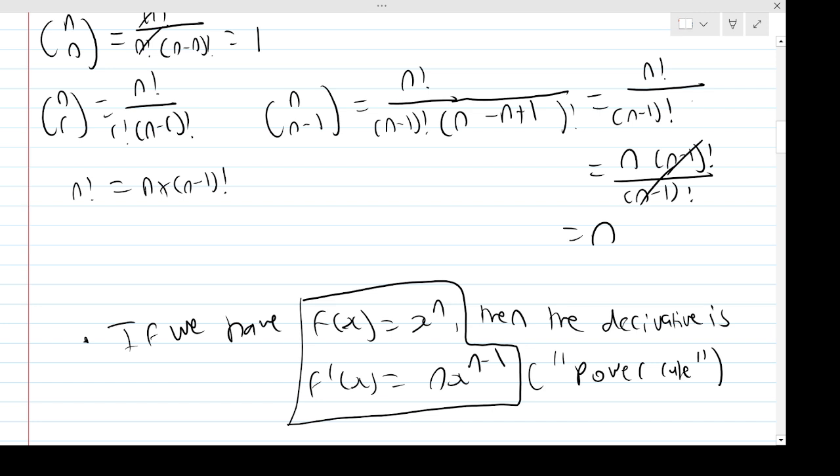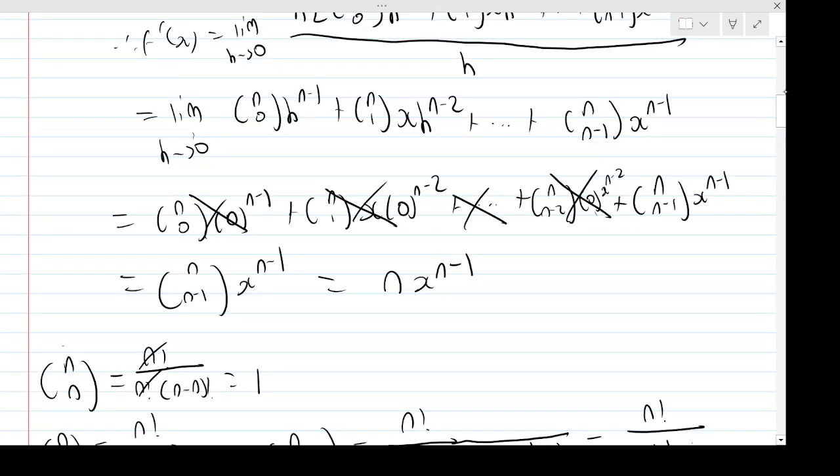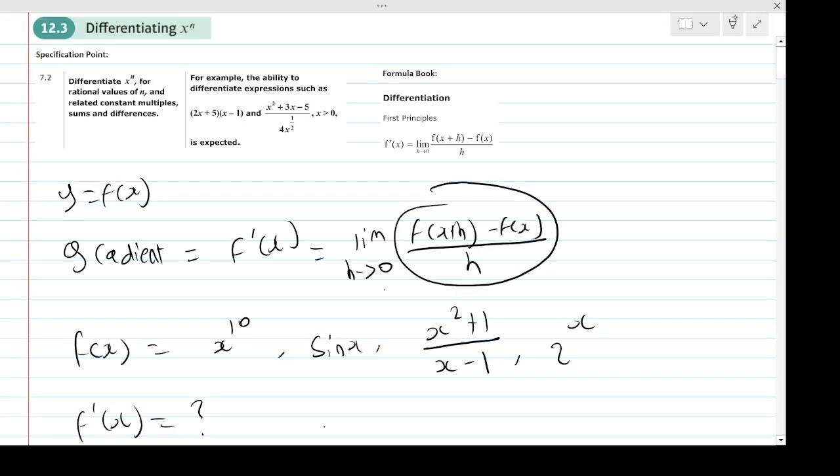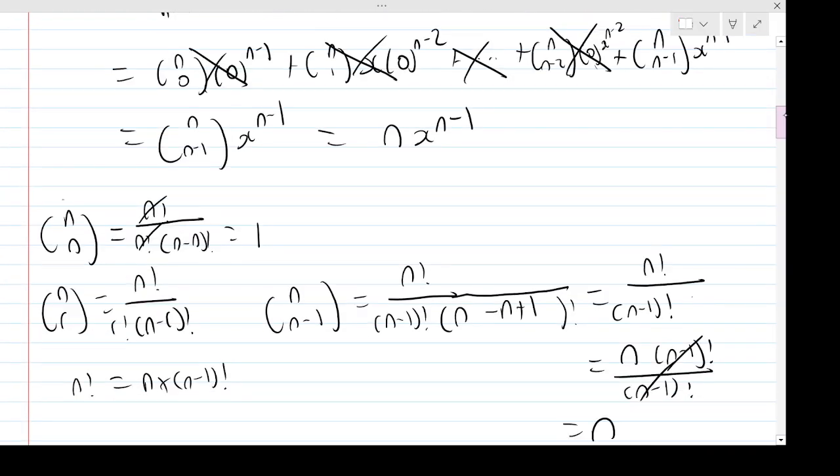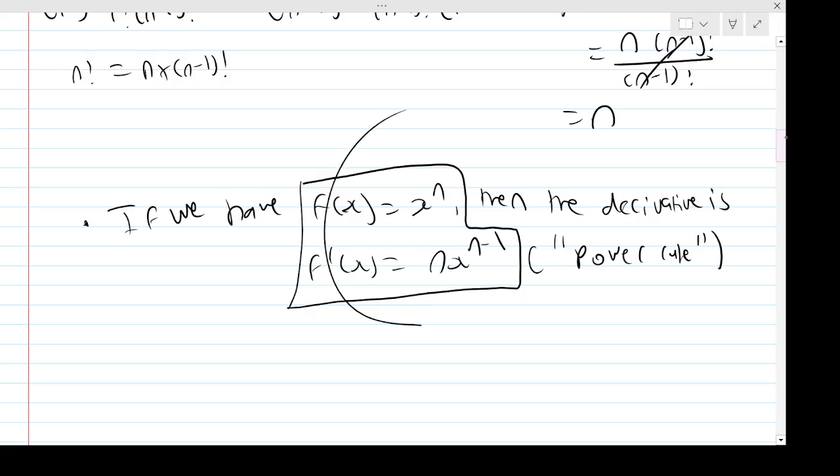Okay, so that's probably a lot to take in. I will say you do not need to remember how to derive or understand how to differentiate x to the n using first principles. You do not need to learn what I've just done. The only thing you need to learn is the power rule here, which we will be using in a second when we look at some examples.